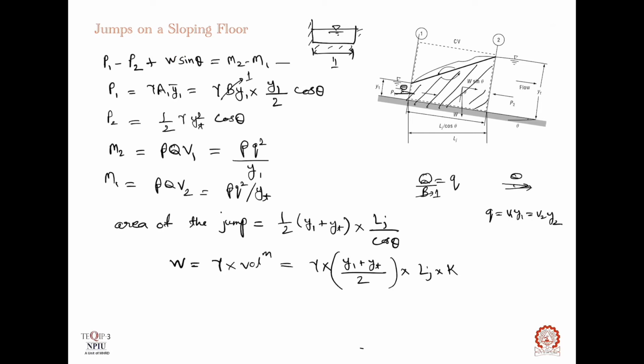Then this equation 1 will become half of gamma y1 square cos theta minus half gamma y2 square cos theta plus W sin theta.